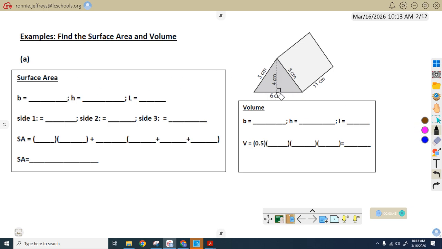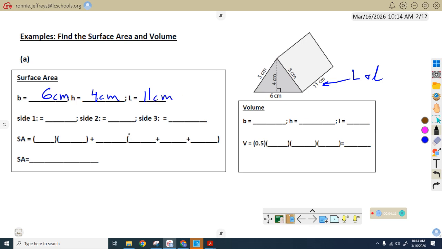All right, so our base right here would be 6. Our height is 4. Our length is going to be our big L and little l. The big L and the little l are going to be the same, it's just different things. So 11 centimeters.